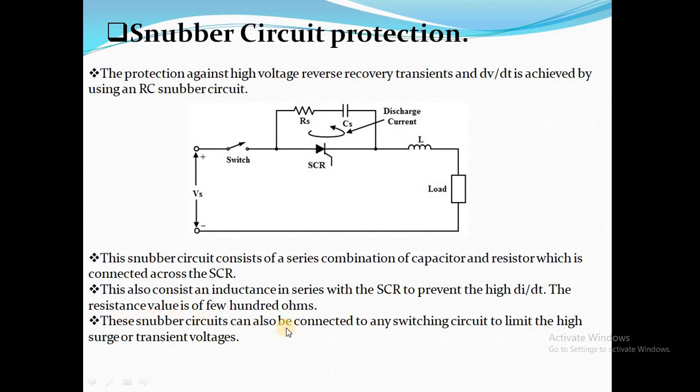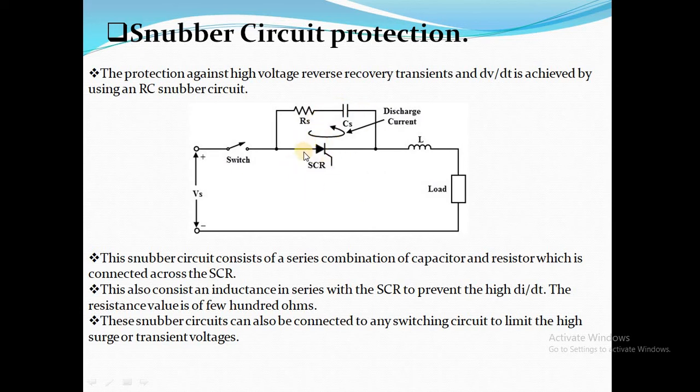This snubber circuit can also be connected to any switching circuit to limit high surge or transient voltage. Suppose there is any high surge in the supply value, then due to that surge the capacitor gets charged, and once the capacitor reaches its peak value, the SCR starts conducting. Until the capacitor reaches the peak value, the SCR remains in the off condition.